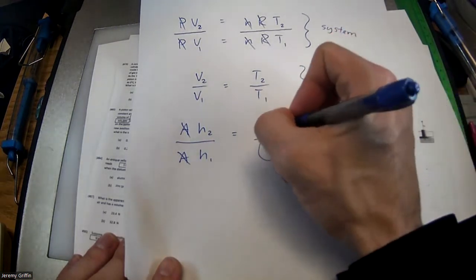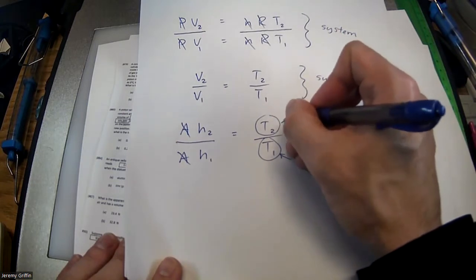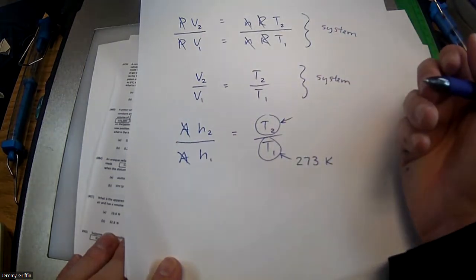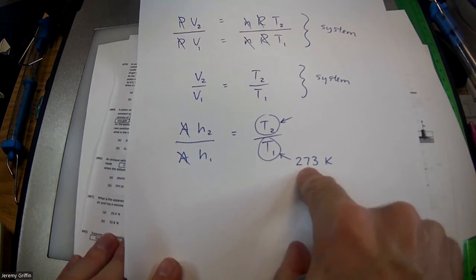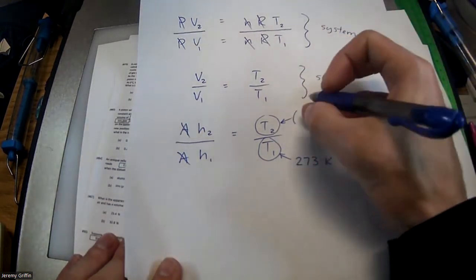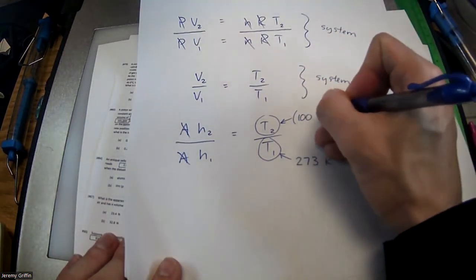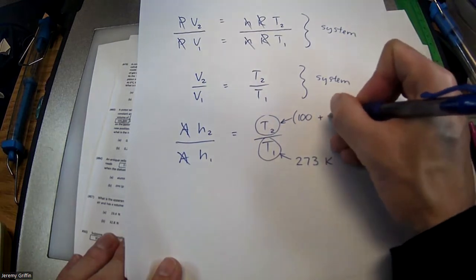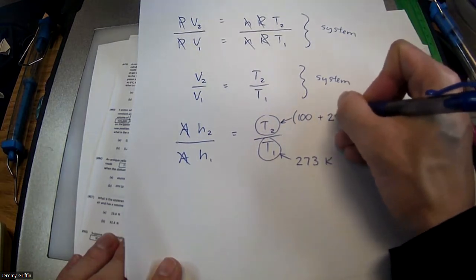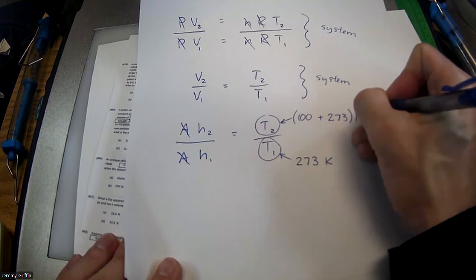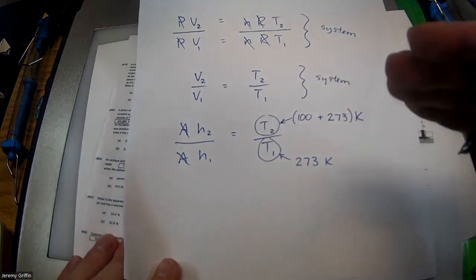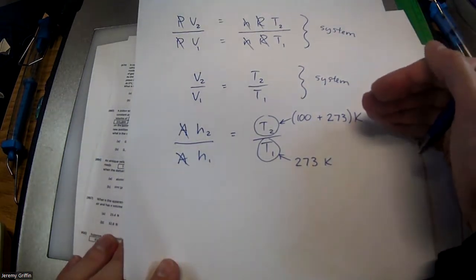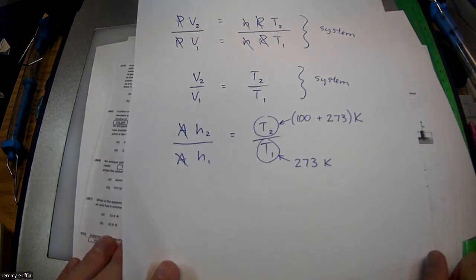And temperature 2 is, well, you know the conversion, whatever it is in Celsius plus 273. My second temperature happened to be 100 degrees Celsius, so 100 plus 273 Kelvin. Okay. So in my case, I'm going from 273 to 373, right?